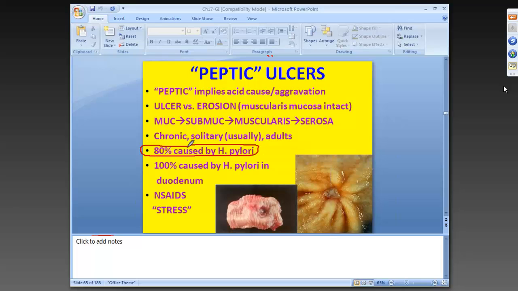When it's duodenal, it will be 100% of the time caused by our pal H. pylori. Then you have non-steroidal anti-inflammatory drugs, abuse of them.